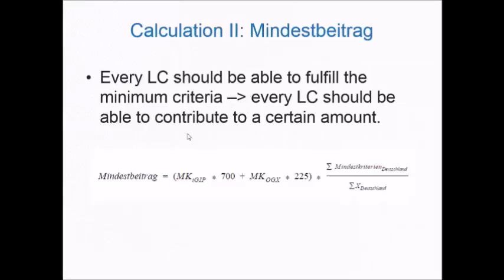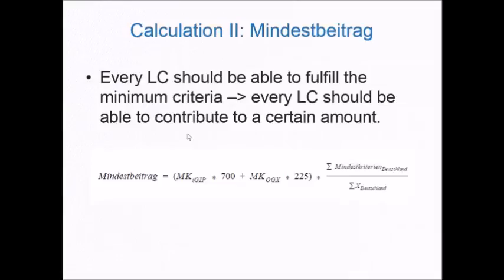every month for an ICX intern is worth 100 euros, and the average duration of internships here in Germany is 7 months, plus the minimum criteria of OGX times 225, because every local committee earns 225 with every OGX that is done.